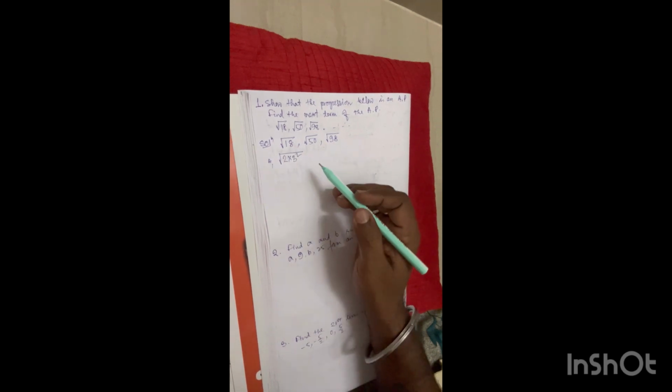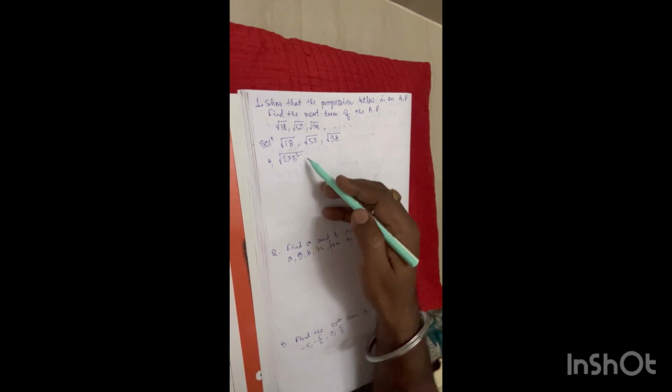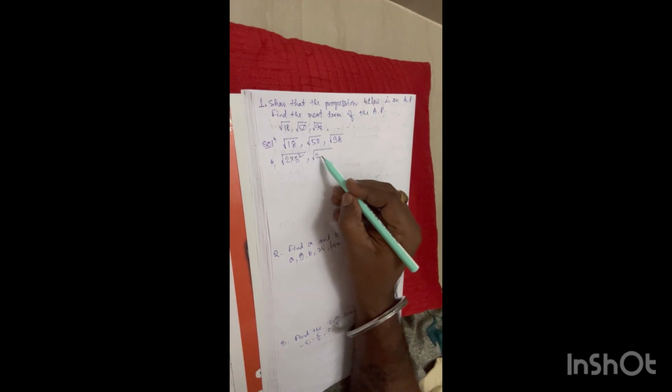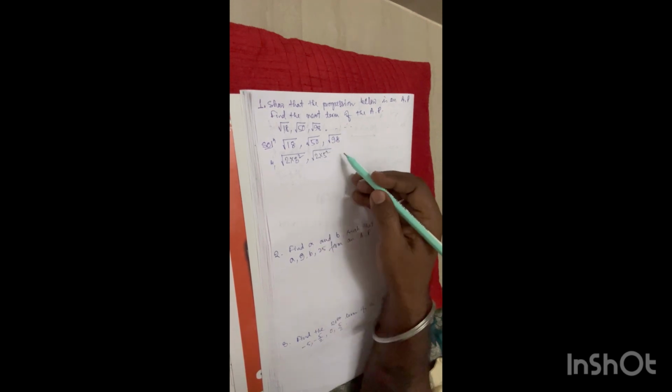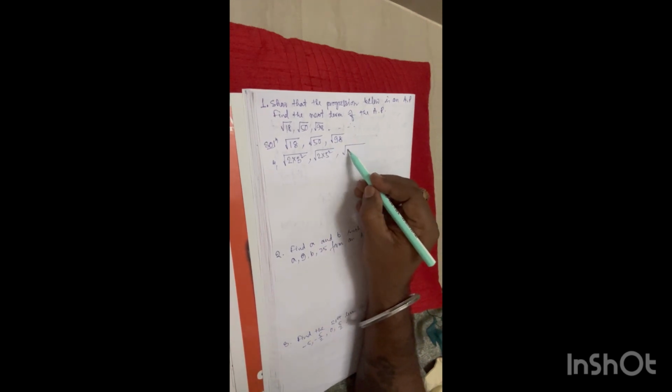So 18 can be 2 into 9, and 9 can be written as 3 square. All these are prime factors we can establish. The second one, if I do it similarly, will be 2 into 5 square. Similarly, the third must be 2 into 7 square.